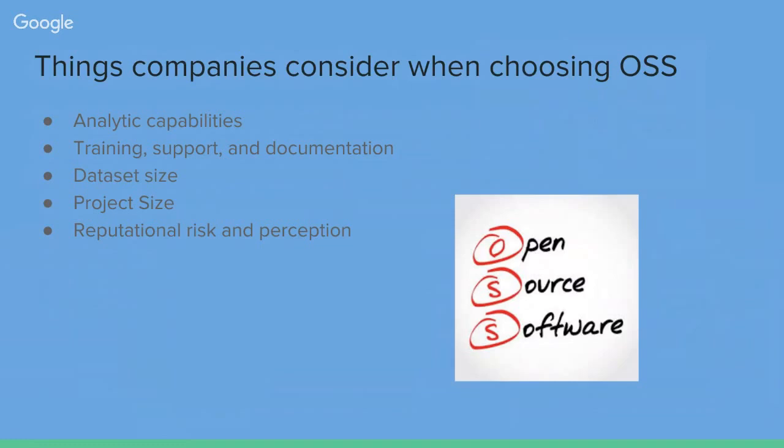Data set size: can this hold all the data that you need? And then project size: can this software take on a project that you are thinking about taking on? And then also reputational risk. That's just being smart and using peer review and making sure that you're purchasing or going to begin using a product that people have good reviews on and looks good.